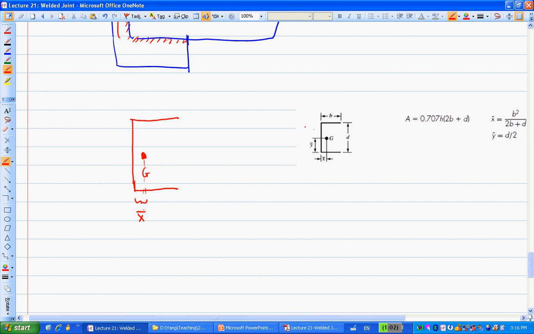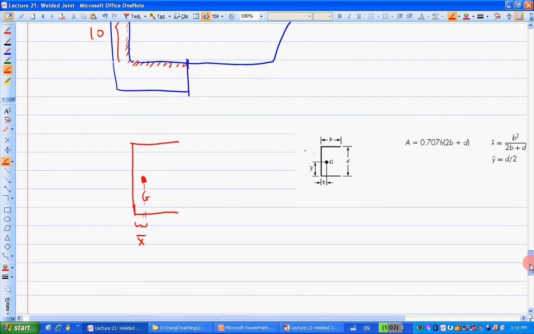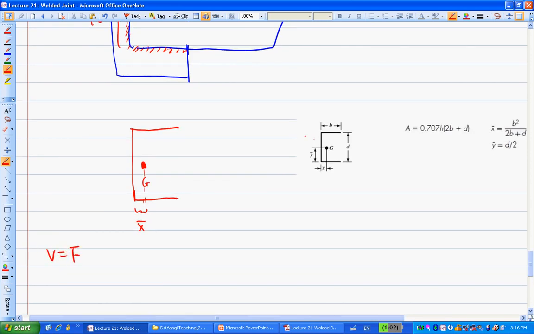See, the trick here is to make use of information to calculate what you want here. So first thing is, what do we need? We need to know basically the V, that's same as F, and then we need to know the T, the torque. And the torque equals how much?